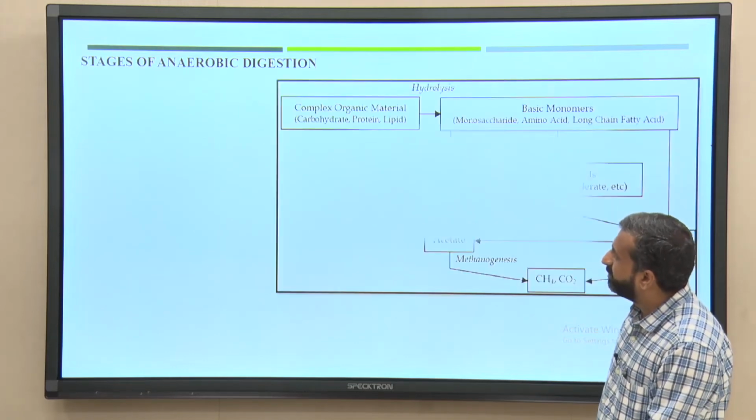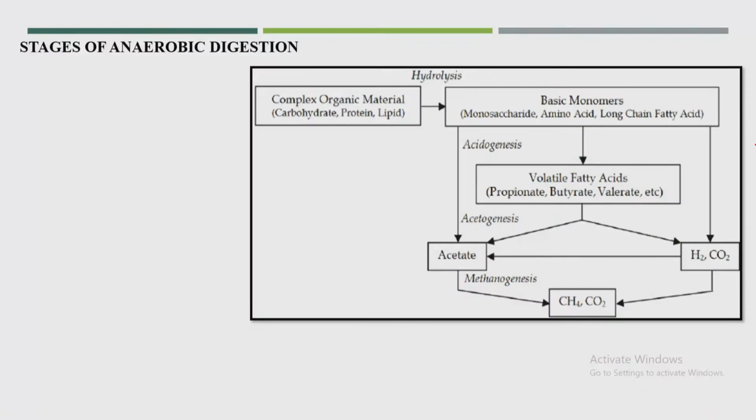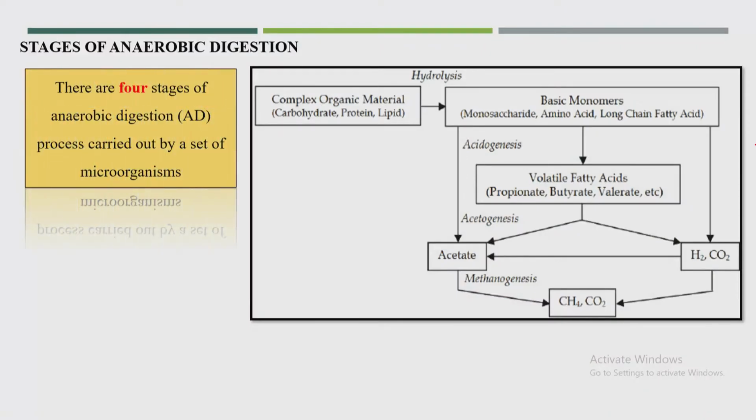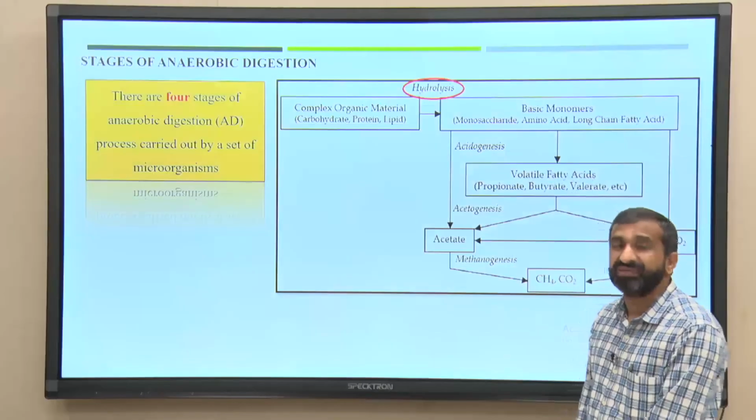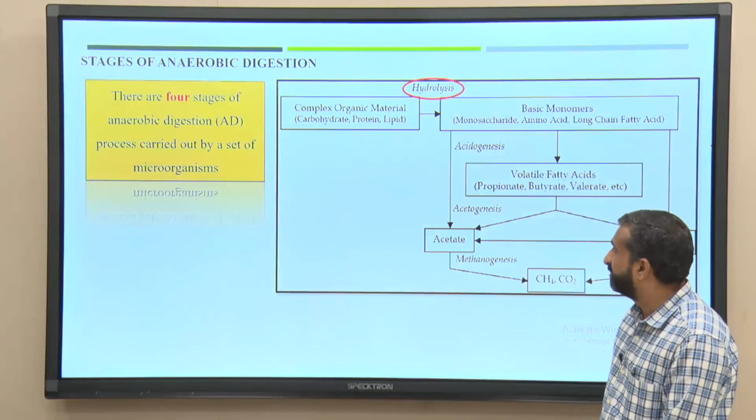If you see the stages of the anaerobic digestion process, it has 4 different stages. First is hydrolysis. Hydrolysis is nothing but a simple breakdown of complex organic matter. Cooking in households is also one kind of hydrolysis process, or we can say a pre-treatment process.